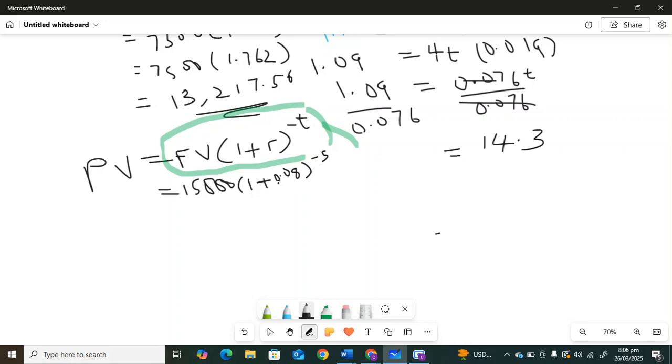So 1 plus 0.08, that is 1.08. So let's get our calculators. 1.08 to the power negative 5. What value do we get?